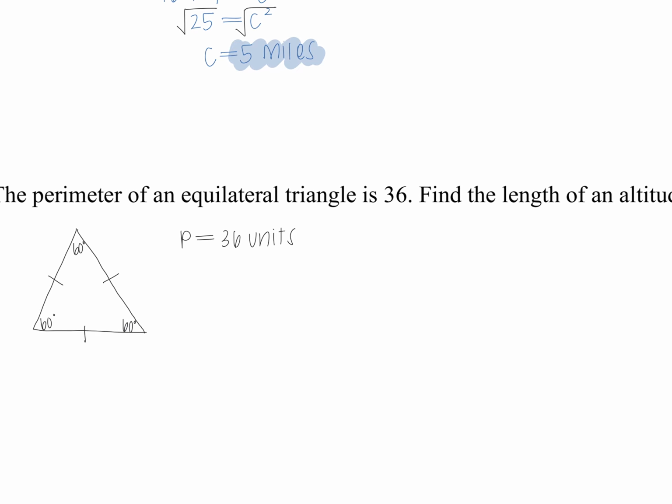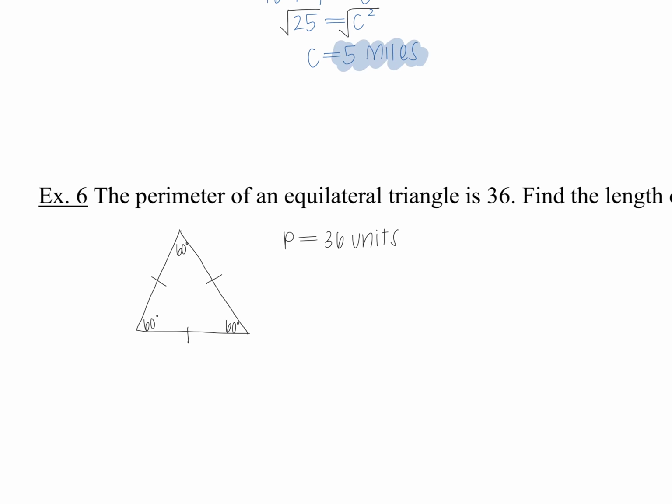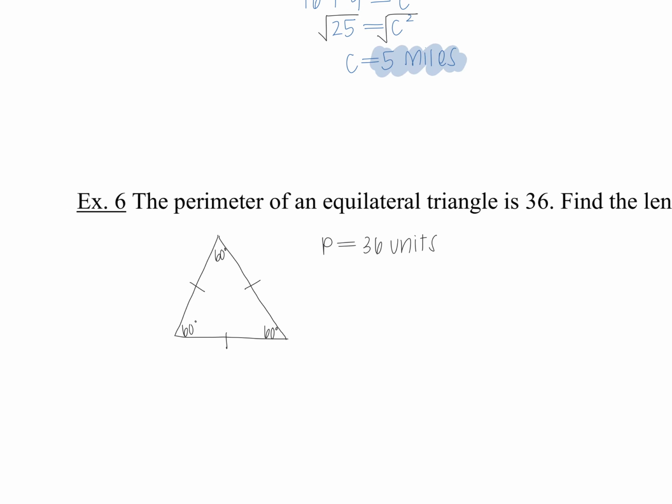We've got to find the length of an altitude. Remember, your altitude here is going to start at one vertex and be perpendicular to the opposite side, which forms a special right triangle. And we're going to use that to help us solve for my altitude.